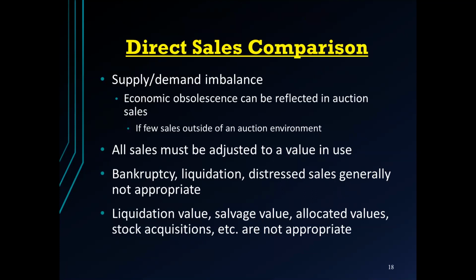Now, here's the problem with this. Stores are closing, that personal property ends up on the second tier market, there's a supply demand imbalance, therefore our property is worth less. The question is, you have to prove that that's what's really going on. In any given market, you're going to have different tiers, and you have to look at where that property is actually being bought and sold.